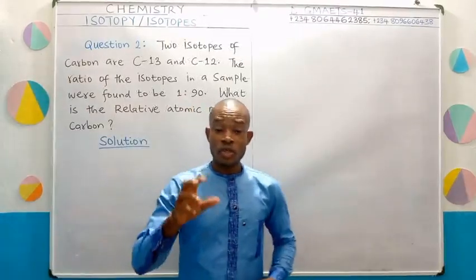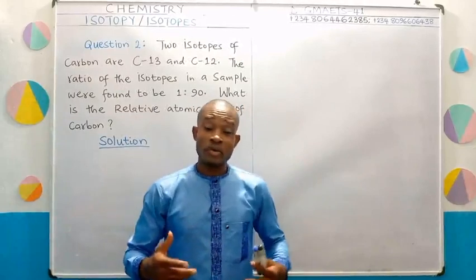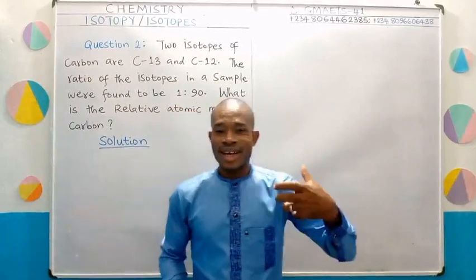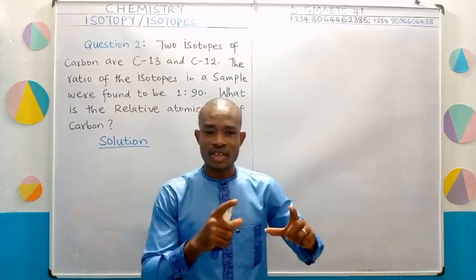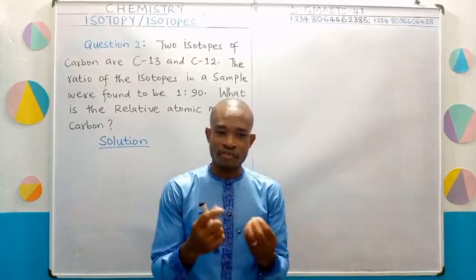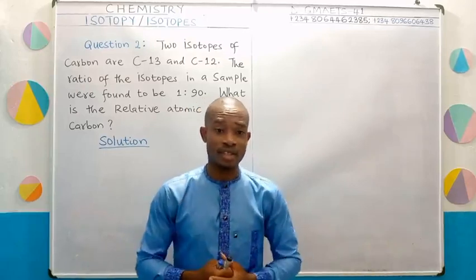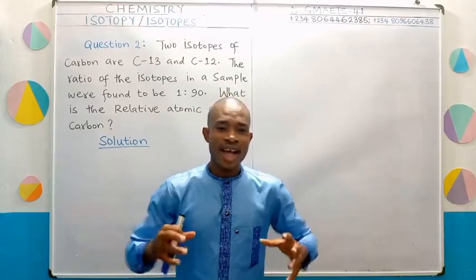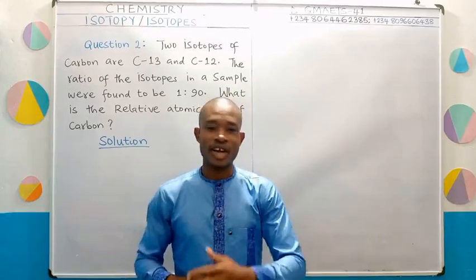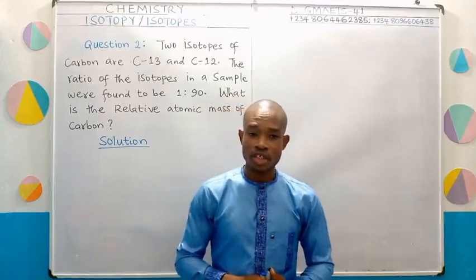When a problem is given to you on the relative atomic mass of an element such that the ratio of the isotopes of this element are given to you, how do you find the relative atomic mass of such element?